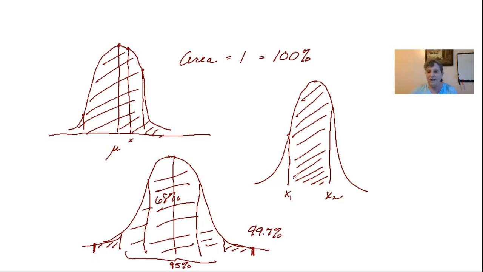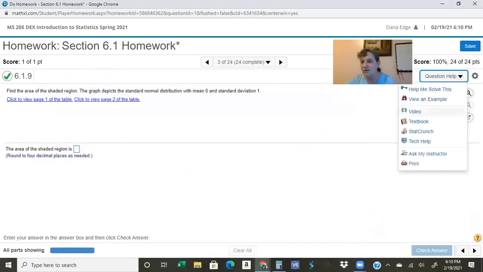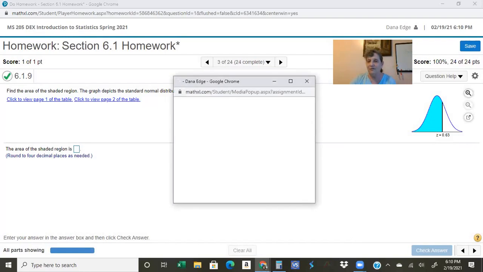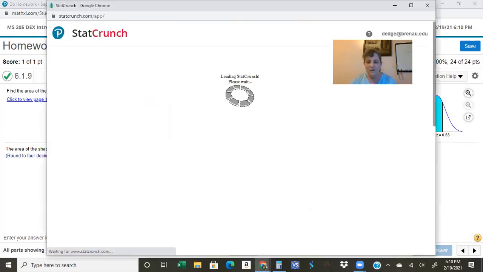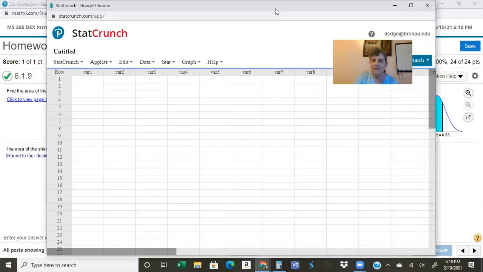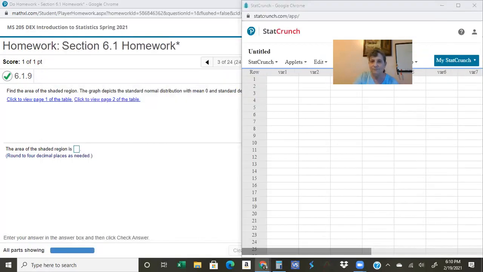In order to find a probability of an x just randomly anywhere in here, we either have to use technology or a table. And we're going to do it using technology. We're going to do this with StatCrunch. Go to question help, pull up StatCrunch. There's nothing in here giving me anything I can download into StatCrunch.